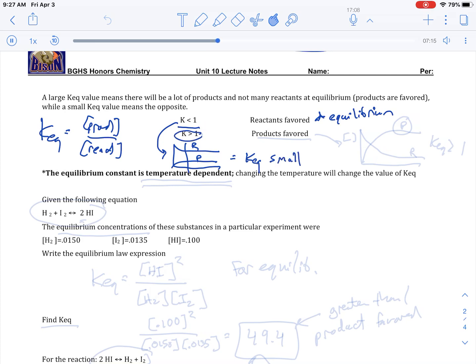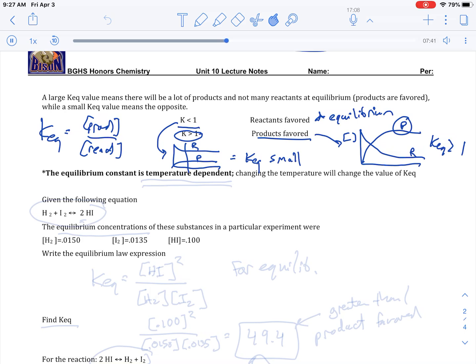Whereas if K is greater than 1, it's product favored. And what that means is that once equilibrium is established, you have more products, your concentration of products is greater. So KEQ is much larger than 1.